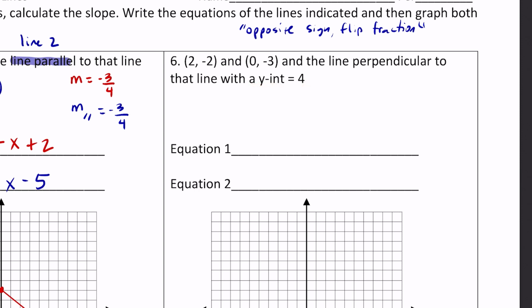So here, this is my first line that contains these 2 points, and the second line is perpendicular to the first.